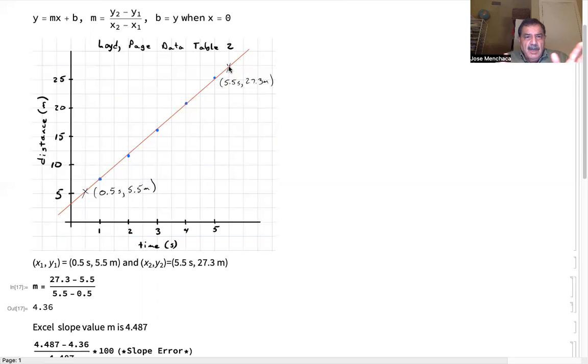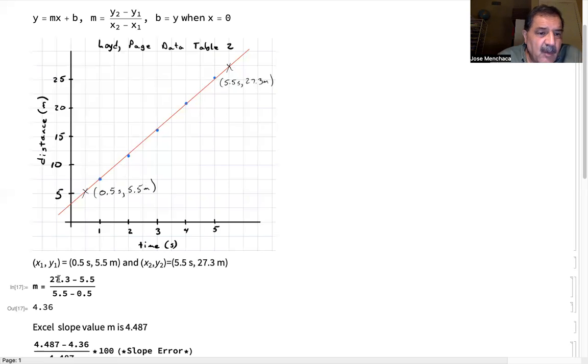This is how you do it when you draw it manually. You'll still get good data. You'll get usable data. Okay, so using the fact that x1, y1 is 0.5 seconds and 5.5 meters, and that x2, y2 is equal to 5.5 seconds and 27.3 meters, we just plug those values into the slope formula.